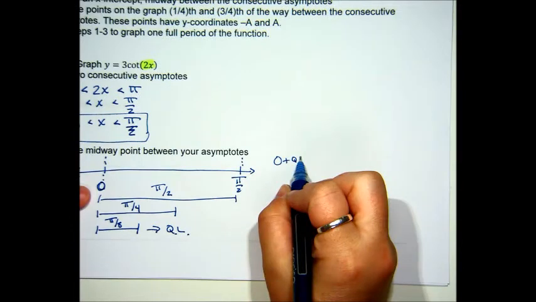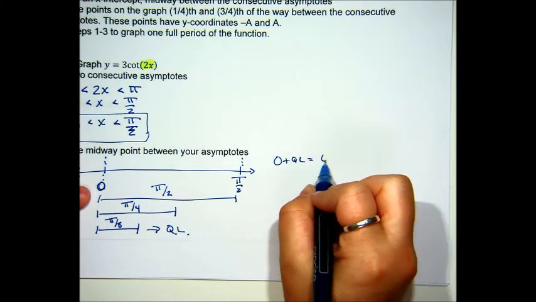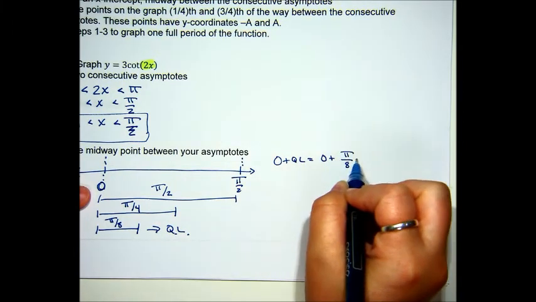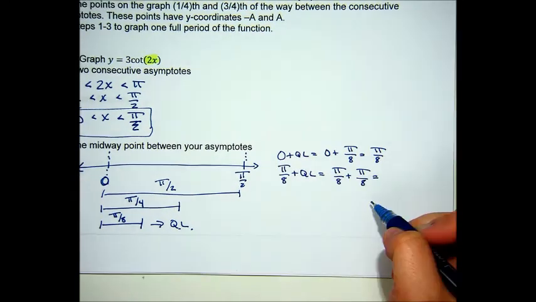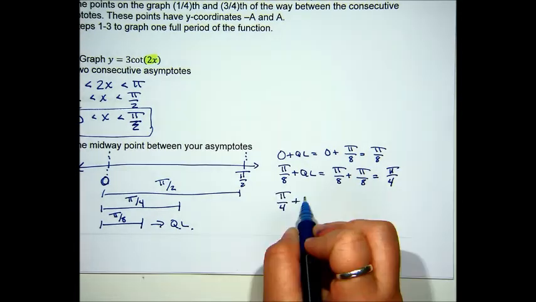Alright, so start with your asymptote of 0. Add your quarter length. So 0 plus pi over 8 gets you pi over 8. Take the one before it, plus that quarter length. So you get pi over 8 plus pi over 8, 2 pi over 8, which will give you pi over 4.